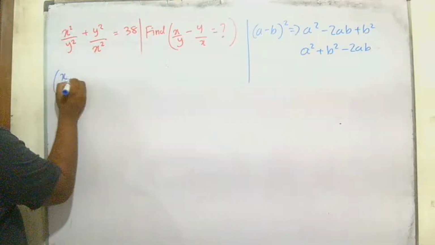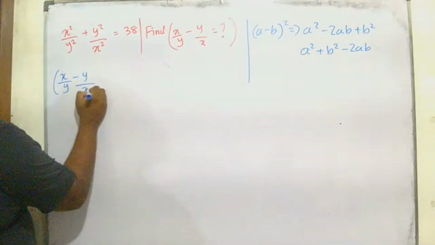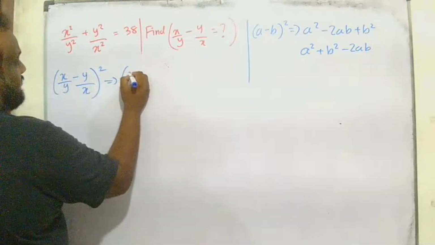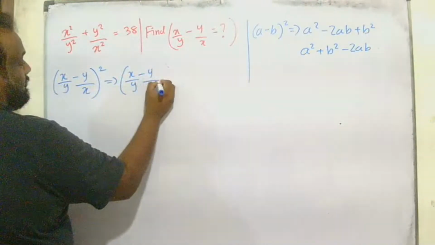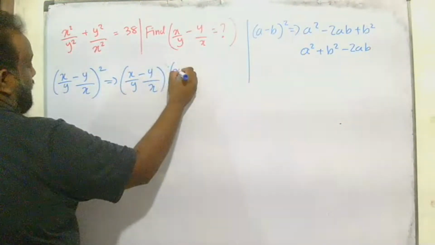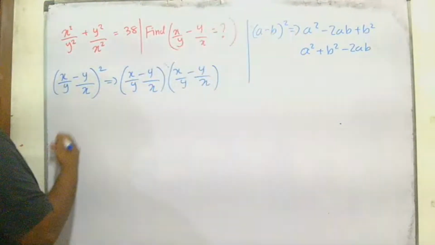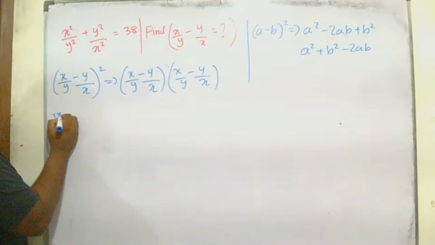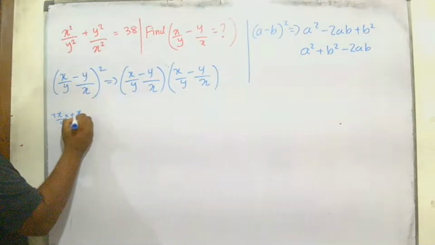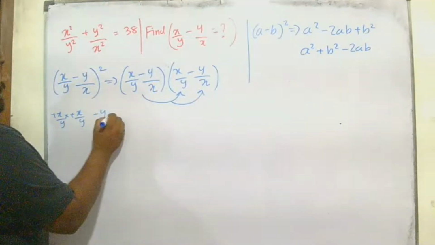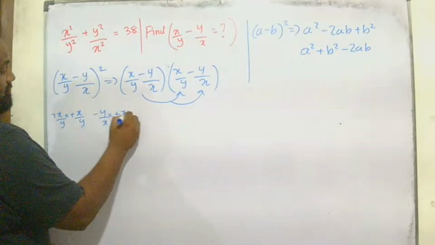What if I expand the square term (x over y minus y over x)? What will happen? We will have to multiply and expand in the way that we did this. So what do we do? Plus x over y into plus x over y, that is this, minus y over x into plus x over y.